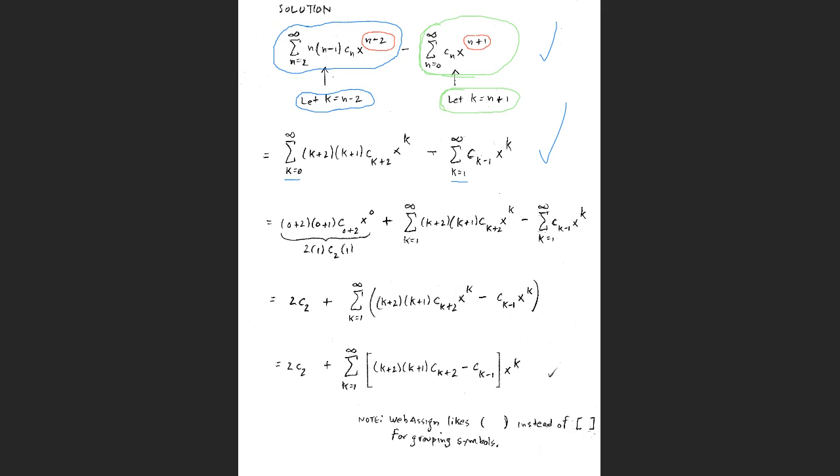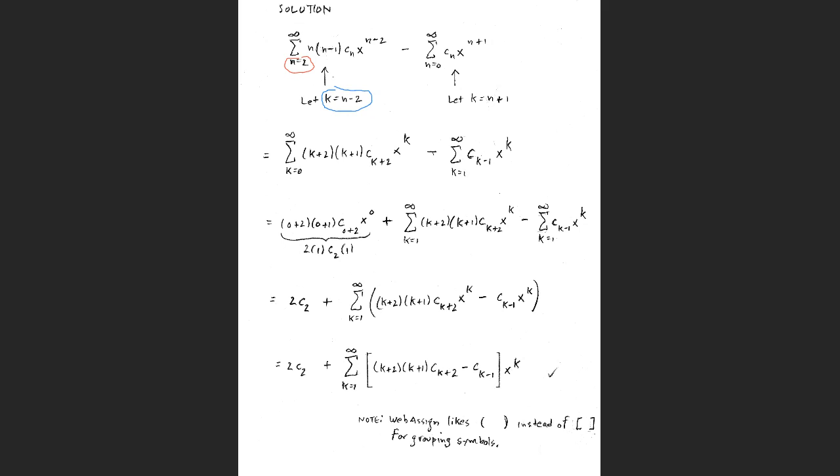So, let's see here now. For the first power series, k is going to equal n plus 2. So if k equals n plus 2, the series starts at n equals 2. So what would the first k value of that series be?